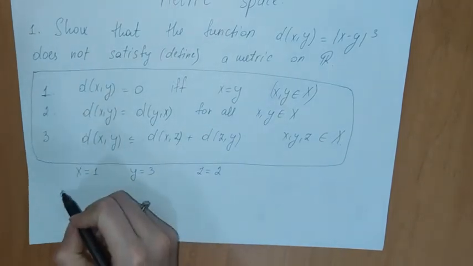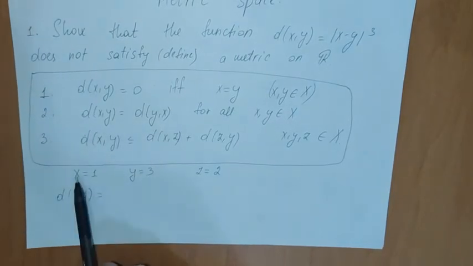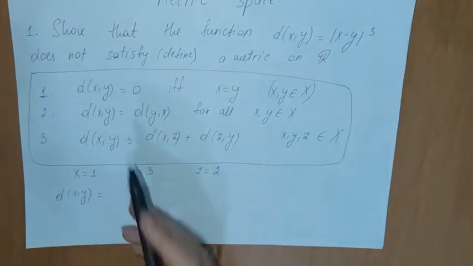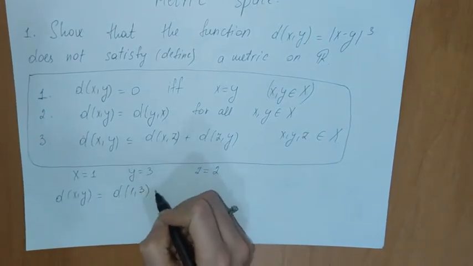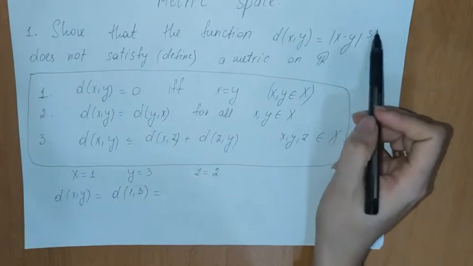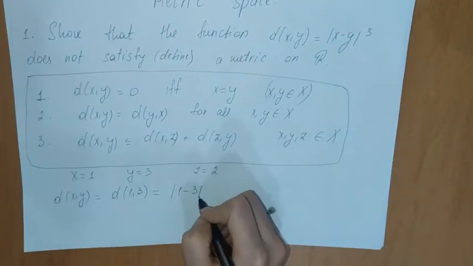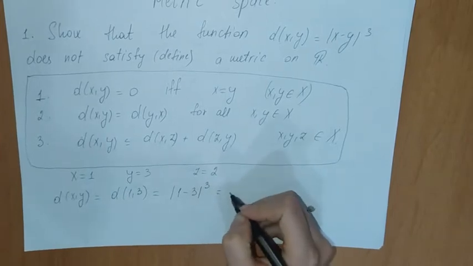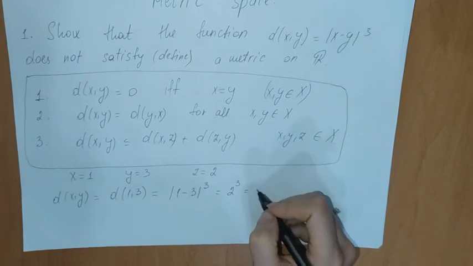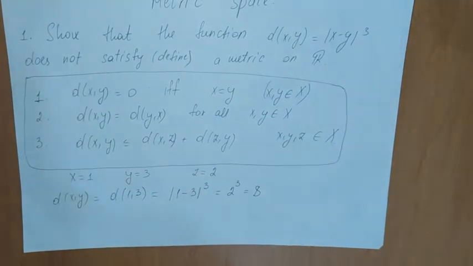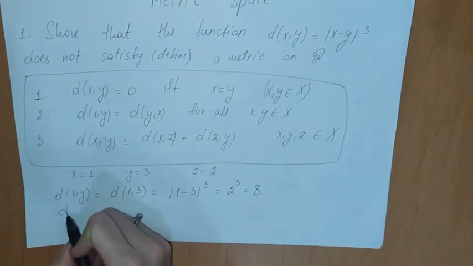d(x,y) is equal to d(1,3), and if we use this formula, we get (1 minus 3) cubed in absolute value, which is 2 cubed, equal to 8. Let's find the result of d(x,z).